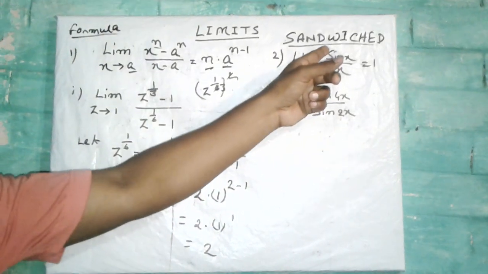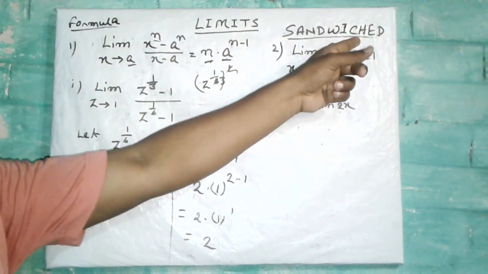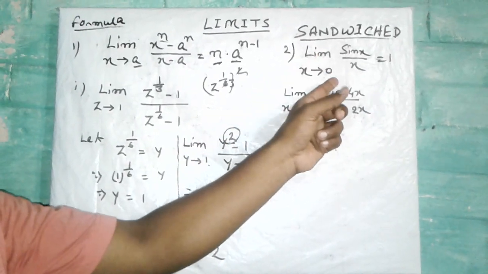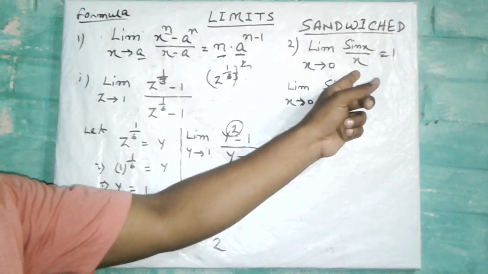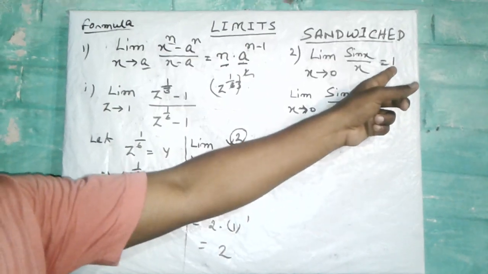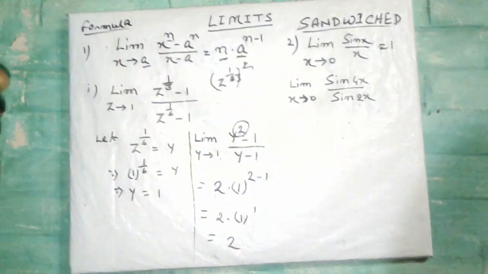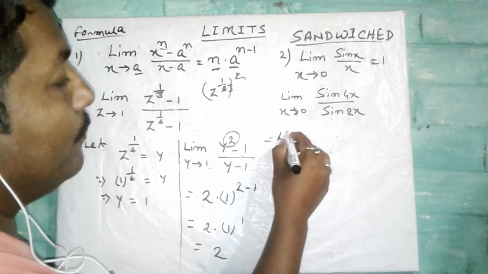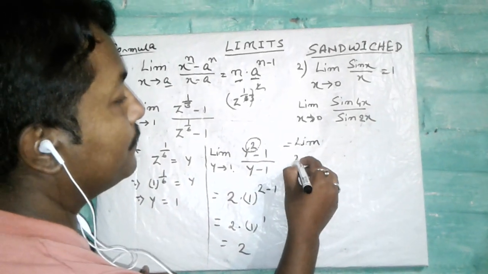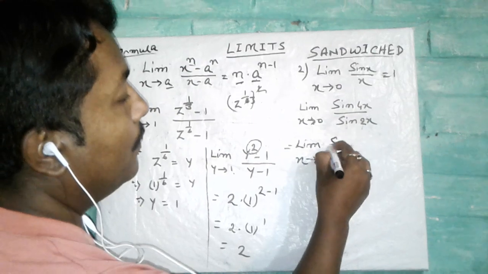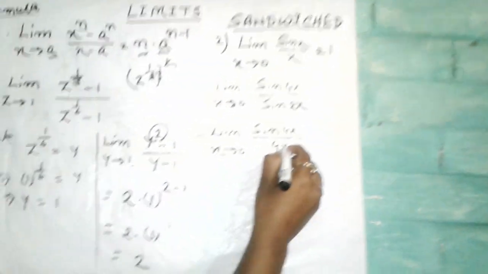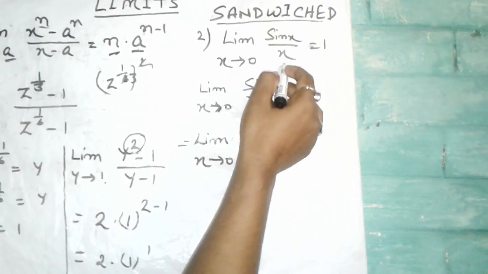Now see the another formula, that is a very important formula, the sandwich formula. Here, limit x tends to 0 of sin x by x, if it is there, then directly we can write 1. So let us apply this formula in this case. Here sin 4x is there. If I want to use this formula, then at the bottom of sin 4x there should be 4x, because here you see x is there, and here is x.